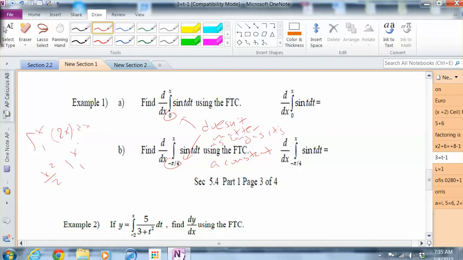If you plug in x and 1, you get x over 2 minus 1/2.